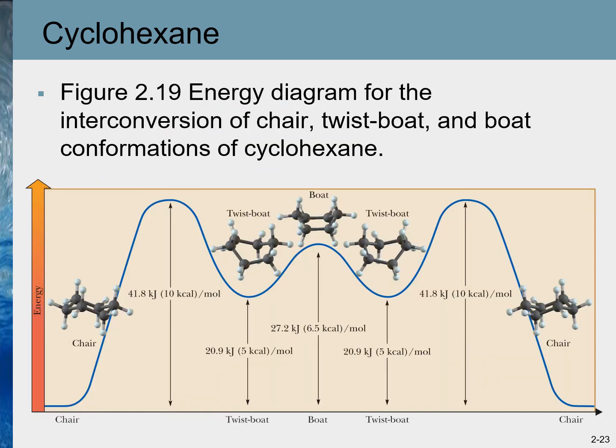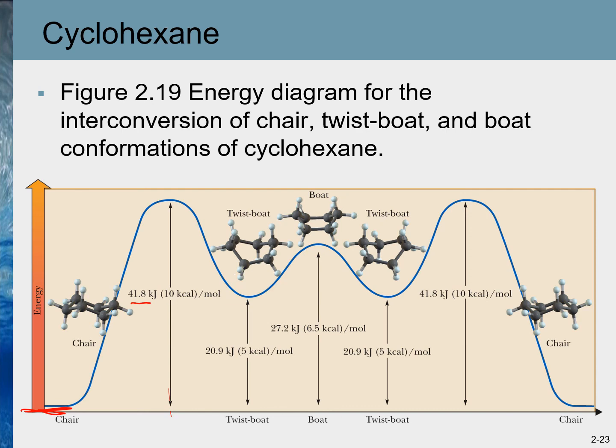The energy diagram for the interconversion of chair, twist boat, and boat conformations of cyclohexane is shown here. As we can see, the chair conformations are most stable, and in order to go from chair to the boat, there's a relatively large energy barrier of 41.8 kilojoules.